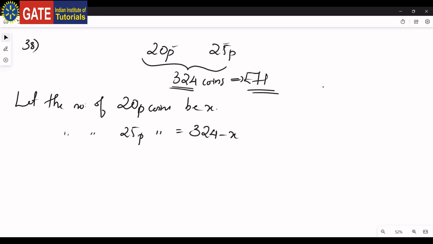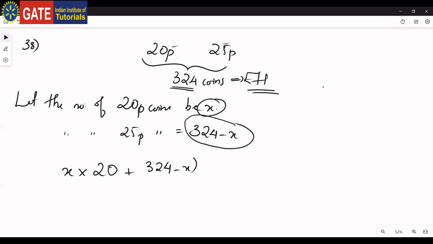Okay, if that is the case, so we got two of the numbers, it is X and 324 minus X. If you go for taking these coins together along with the numbers given and designations given to them, it will be totaling to how much? It is 71, right? So X coins of 20 paise plus 324 minus X coins of 25 paise will be giving you a total of 71. Am I right? Now go for opening the bracket. It becomes 20x plus, what is this?